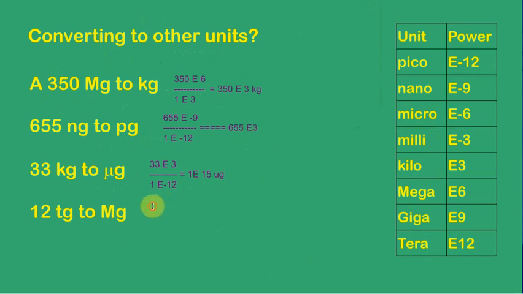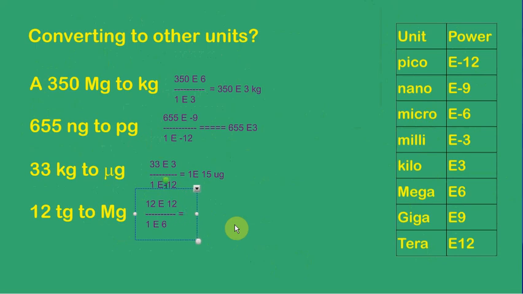And now we go to our last one. We have 12 teragrams. So we have 12. A tera is E12. And we're dividing by megagrams. So a megagram is 1E6. And that's pretty simple.